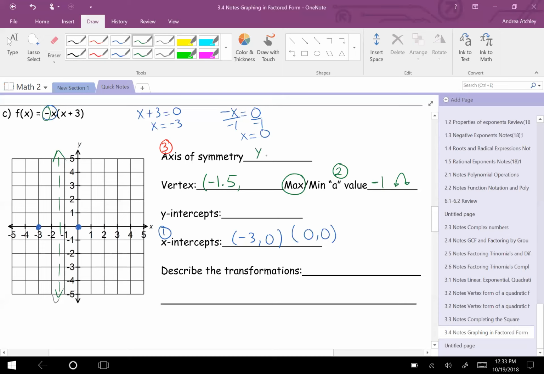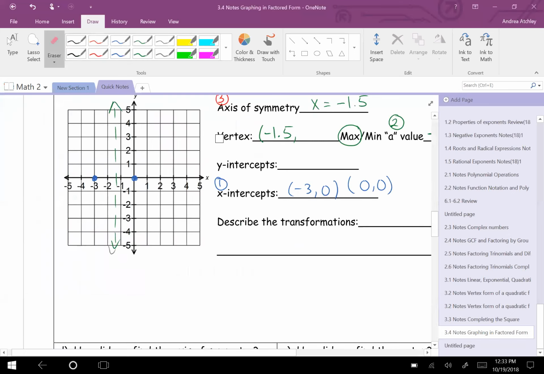So it's x equals -1.5. Which means I can't work backwards for this because I'm always going to go down something and over 1. I'm never going to go down something and over 1/2. Okay, so I cannot work backwards. So I have to try something different.